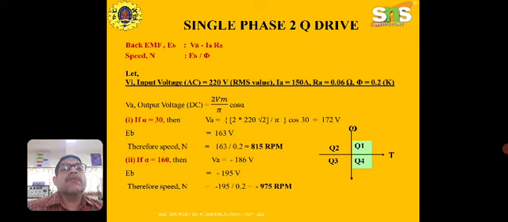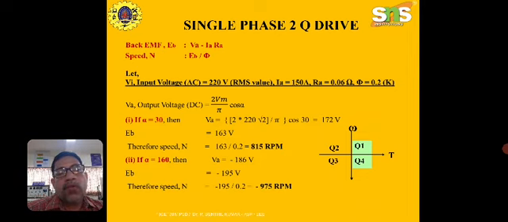See here the calculation part. We are assuming that the IA is 150 amperes, RA is 0.06 ohms and the flux is 0.2 Webers. The quadrant of operation is mentioned here. It is quadrant 1 and quadrant 4. In quadrant 1 the speed is positive, and in quadrant 4 the speed is negative, whereas for both quadrants the torque is positive.